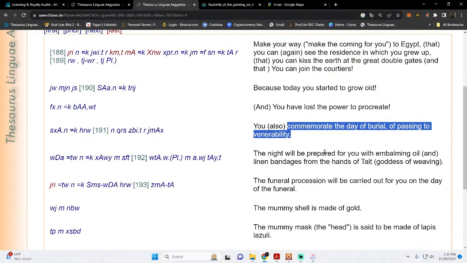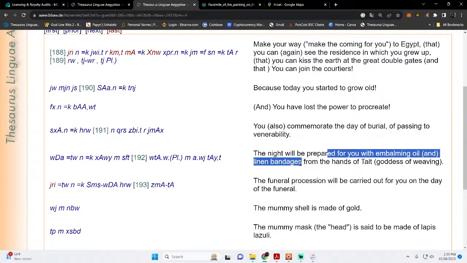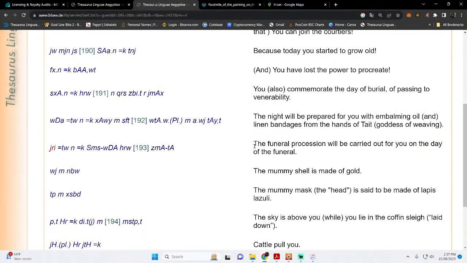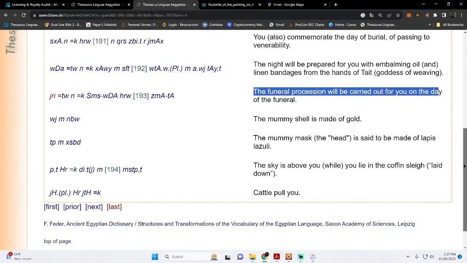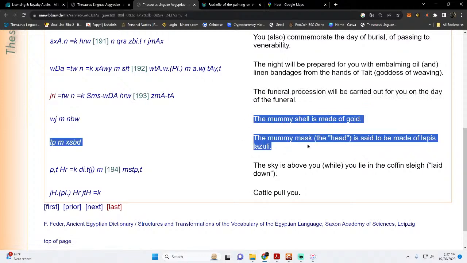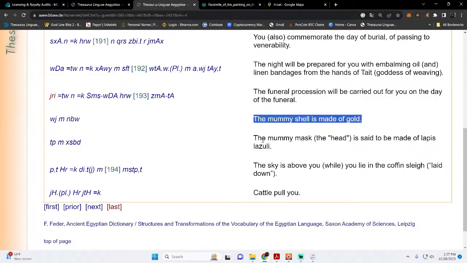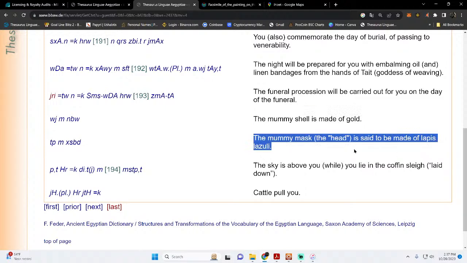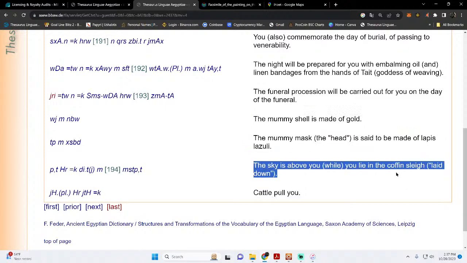The night will be prepared for you with embalming oil and linen bandages, so you're going to be mummified. It says the funeral procession will be carried out. The mummy shall be made of gold, so you're going to be good. The mummy mask is said to be made of lapis lazuli. The sky is above you to lie in a coffin sled. Cattle going to pull you.